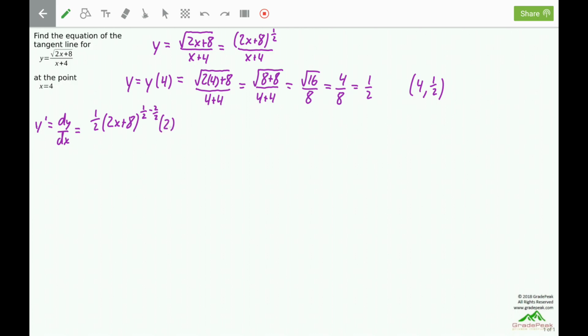We multiply by the derivative of the inside to complete the chain rule, times the denominator left alone, minus the numerator left alone, times the derivative of the denominator, which will just be a 1. And all of this over the denominator squared.